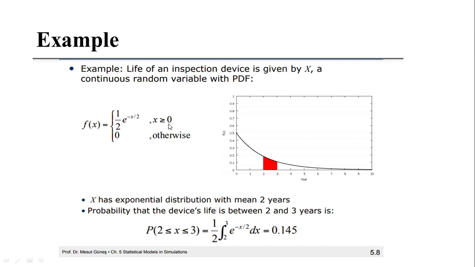So if x is not greater or equal to 0, it means that f of x is 0. X has an exponential distribution with mean 2 years.